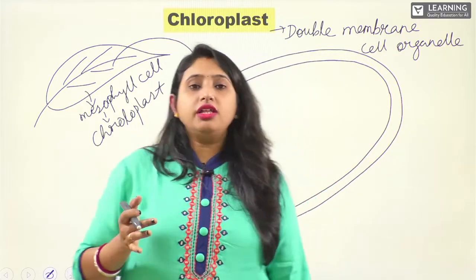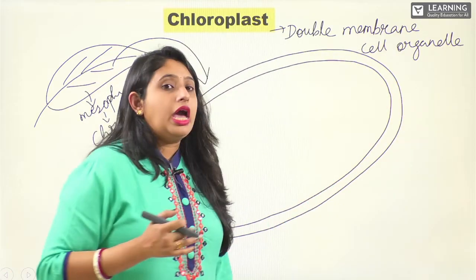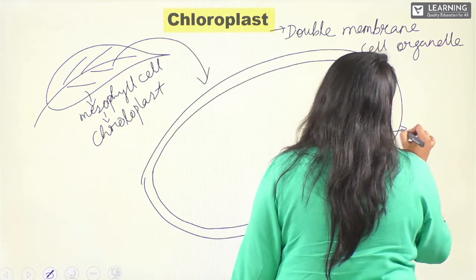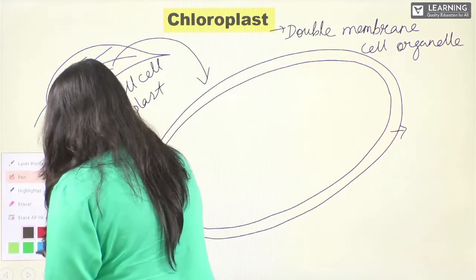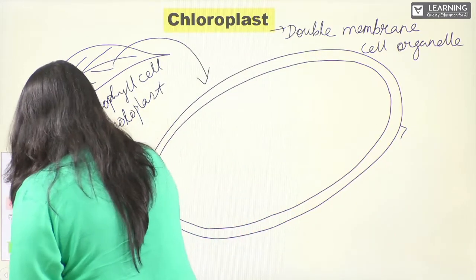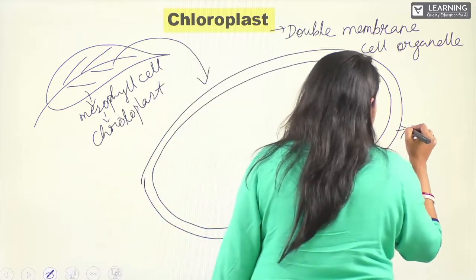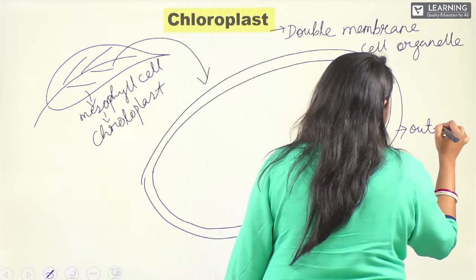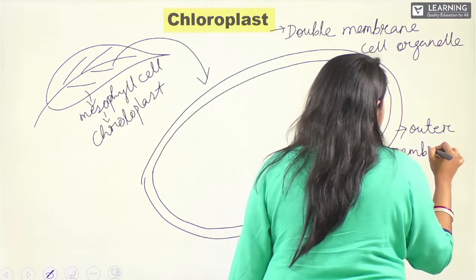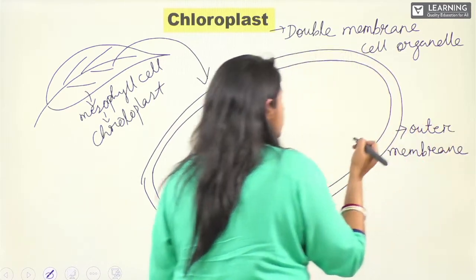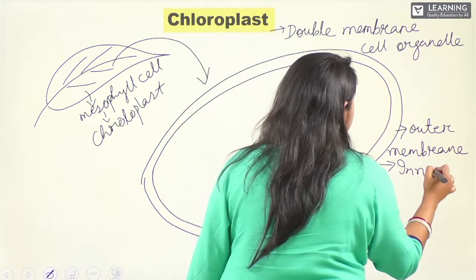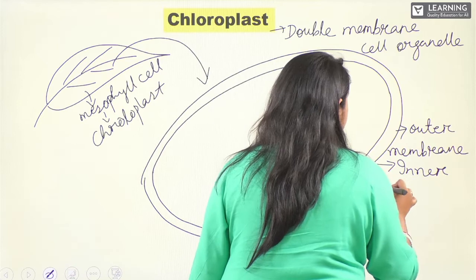Inside the chloroplast, what you will see is that they have two membranes. One is the outer membrane, and this is the inner membrane.